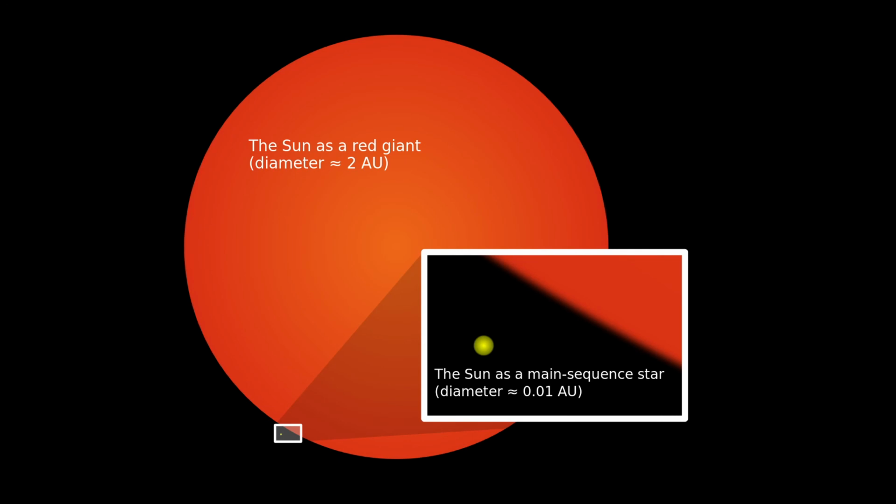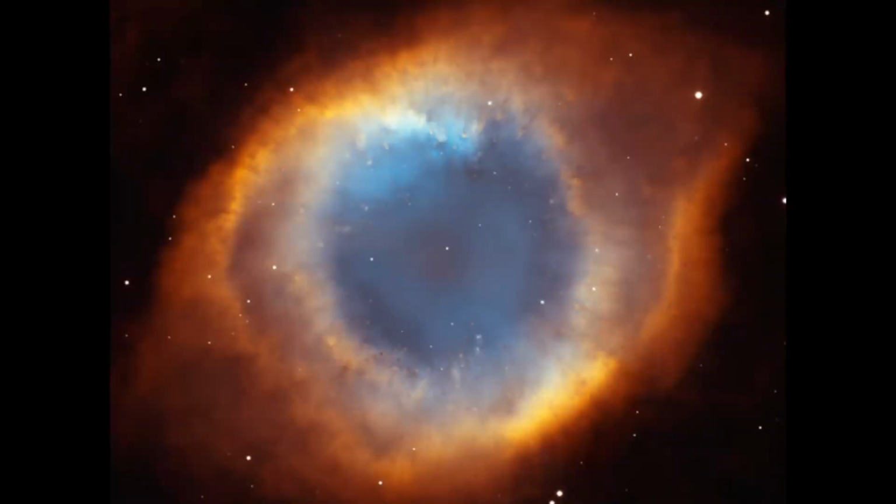And it will go through several cycles, several pulsation cycles, that will cause the sun to shed about half of its mass. Once it does that, the sun will turn into a white dwarf, and eventually, after trillions and trillions of years later, the white dwarf will cool, and it will turn into a black dwarf, and that will basically be the end of our solar system.